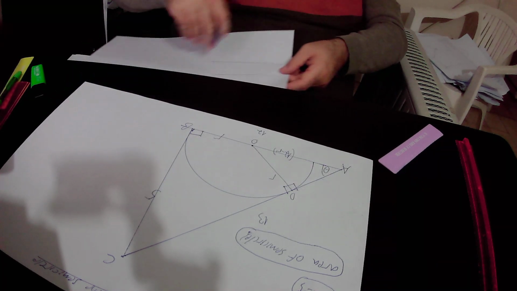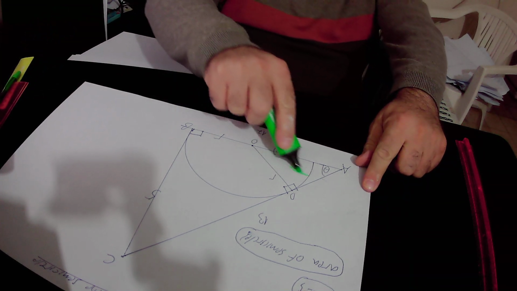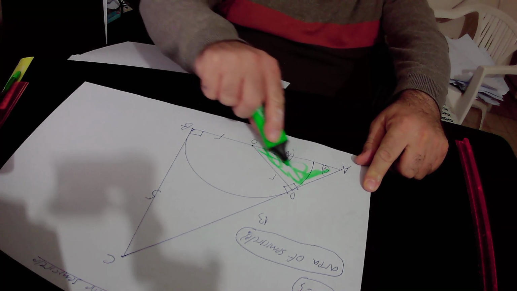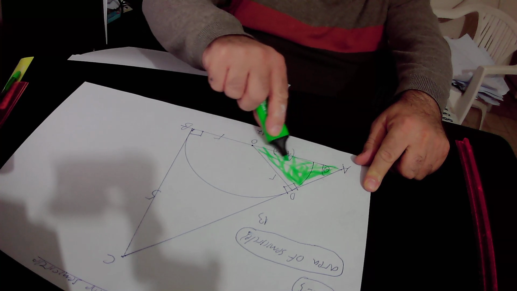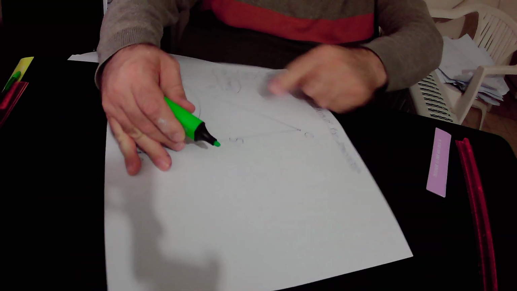In the next step, we will focus on the green right triangle, triangle ADO. In the green right triangle, triangle ADO, what is the value of sine theta?